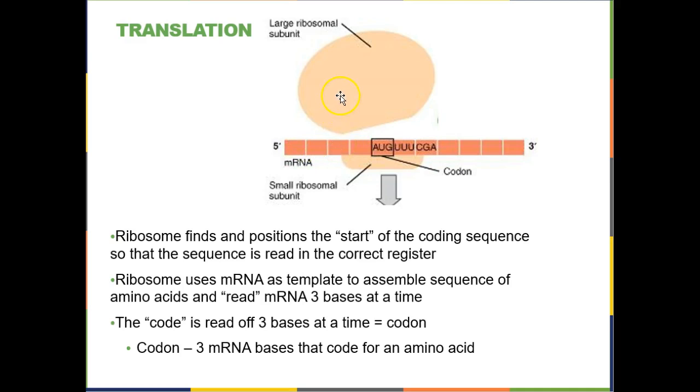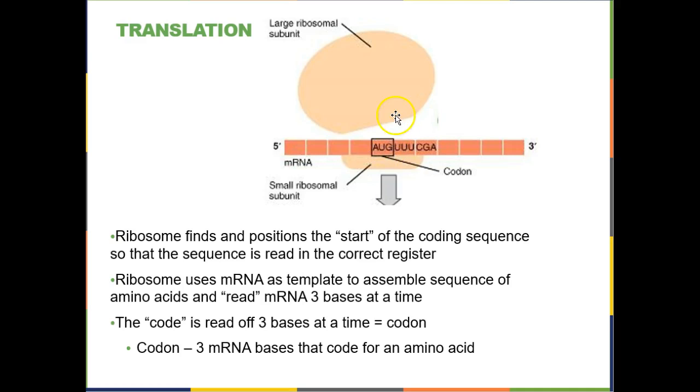It is used to help the ribosome physically grab hold of the mRNA and figure out where it's supposed to start. So the first section of the mRNA that the ribosome starts to read off is called the start codon, and it is always AUG. This is how the ribosome, or part of how the ribosome, knows where it's supposed to start translating the RNA.